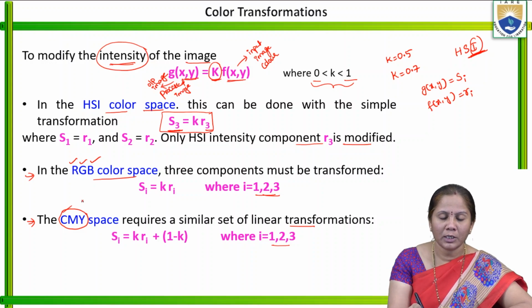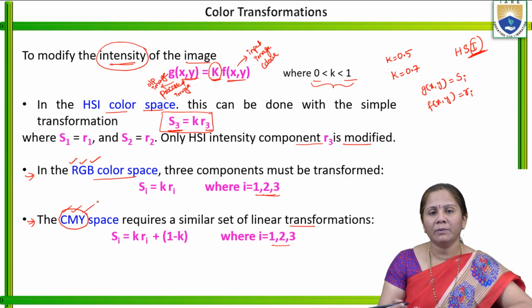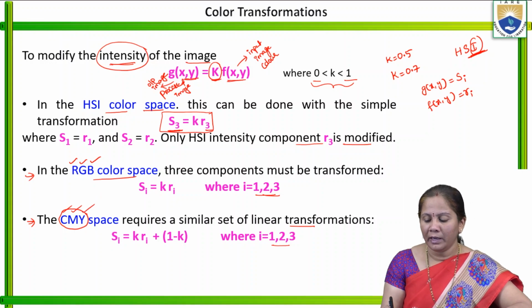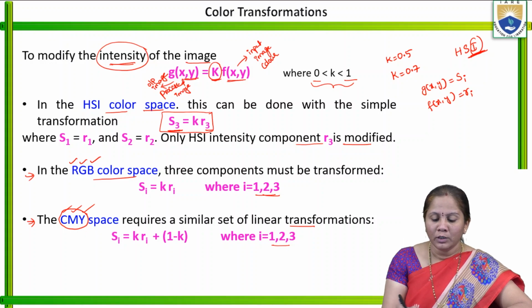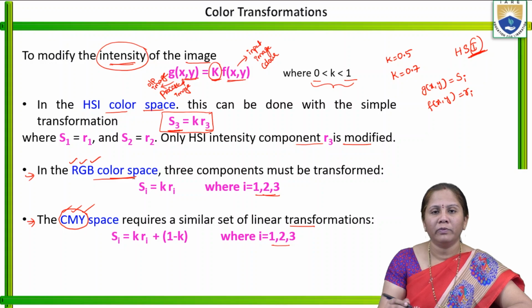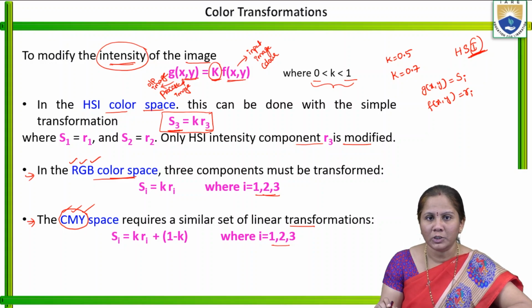One is cyan, the second is magenta, and the third is yellow. For CMYK, i will be 1, 2, 3 and 4. So, based on the type of color transformation, we use the corresponding formulation.